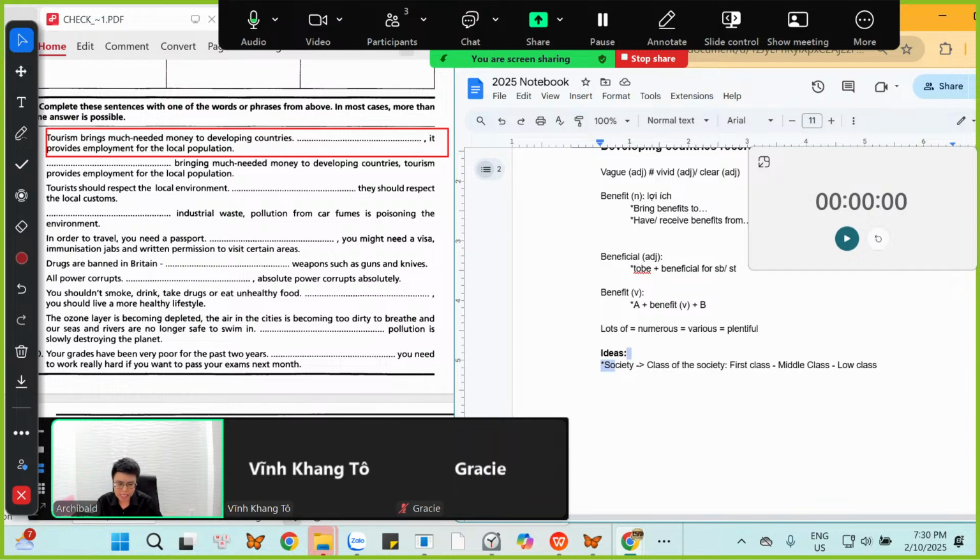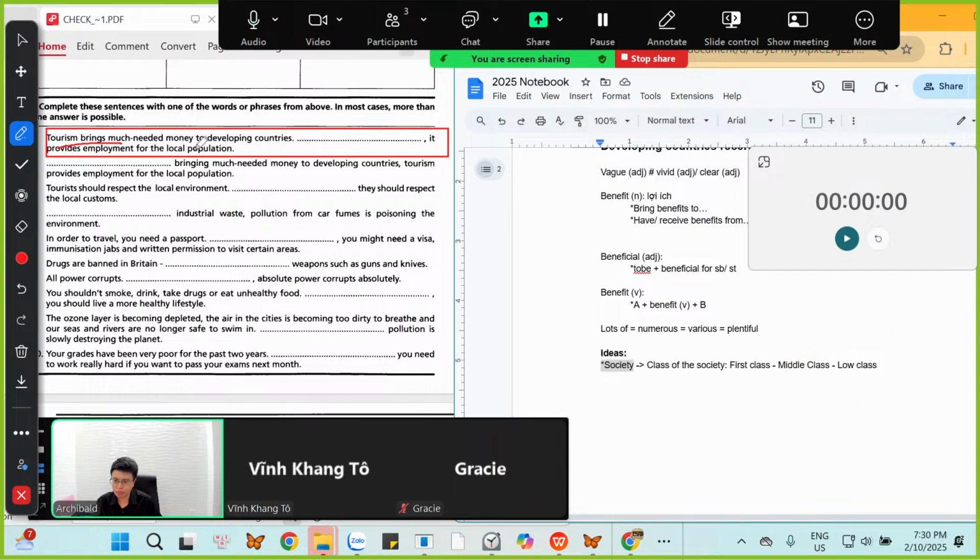So once you speak of tourism and you mention society, you say that tourism creates lots of jobs for people. Once you speak of people, you need to mention, okay, specific classes of the society. Which class of society will have jobs and which class of society will not have jobs?